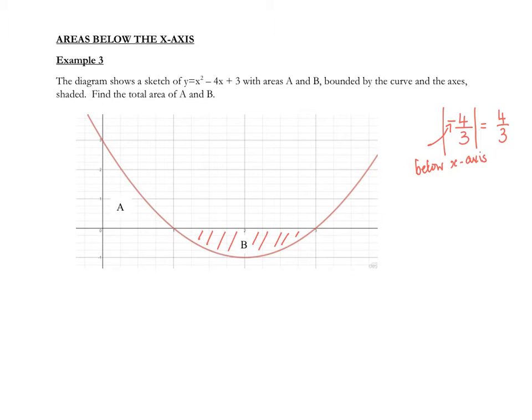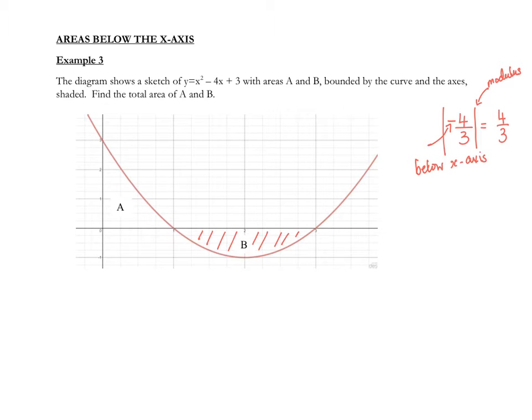It only tells us the position, so we're actually interested in the numerical value, and to do that we take the modulus of the number, and that allows us to just take the numerical value. So what we've got to do here is actually work out the area of A and B separately and then add them together.